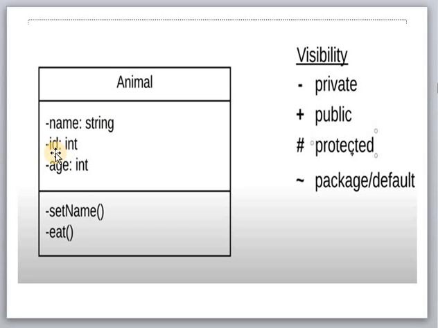And in order to define the identification of the different instances of the animal class will be declared using the data type integer. So another attribute, which is called the age attribute, is declared using the integer data type.